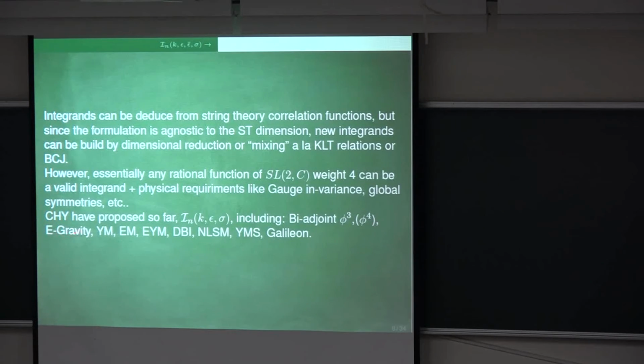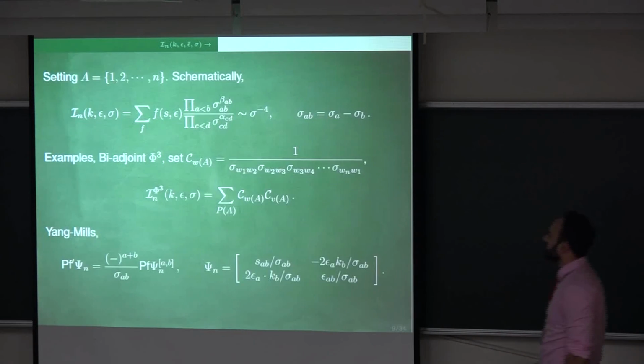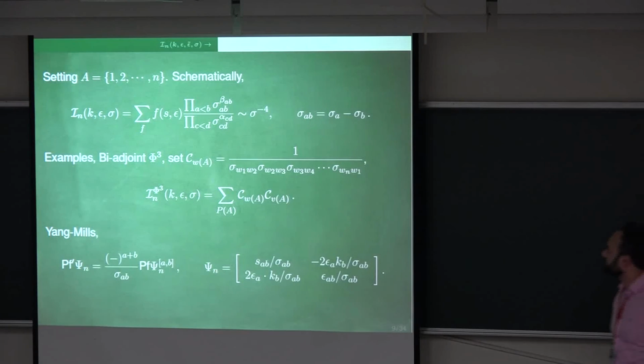We can also describe Einstein gravity in general dimension, Yang-Mills, Einstein-Yang-Mills, Einstein-Maxwell, Dirac-Born-Infeld, the nonlinear sigma model, and Yang-Mills coupled with scalars. And there is a very interesting old theory that has only recently started to draw attention, which is Galileon. It's an effective theory for scalars, similar to the nonlinear sigma model. Anyway, this is a special set of theories.